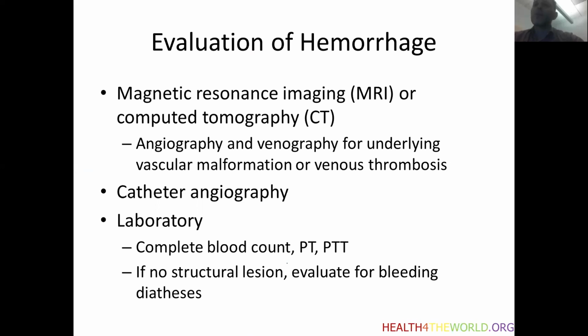But from a laboratory perspective, it's important to make sure that the hemorrhage is not exacerbated by thrombocytopenia or by a coagulopathy. If you've undergone a complete evaluation for structural causes, so if you've done non-invasive imaging and catheter angiography and still haven't found the source of hemorrhage, then a further, more extensive evaluation for bleeding diatheses could be considered.